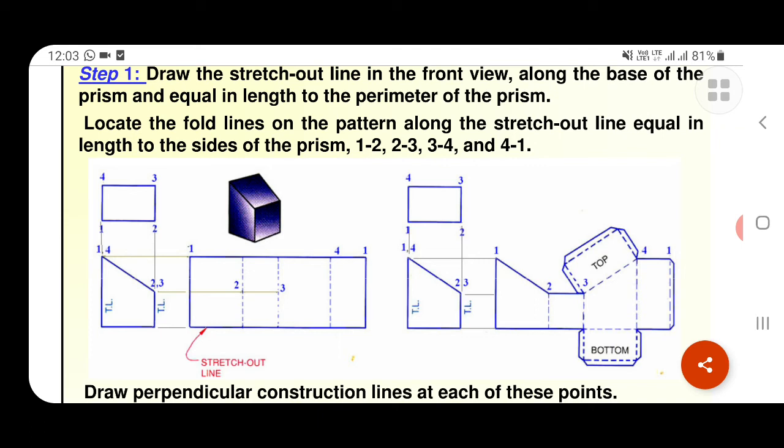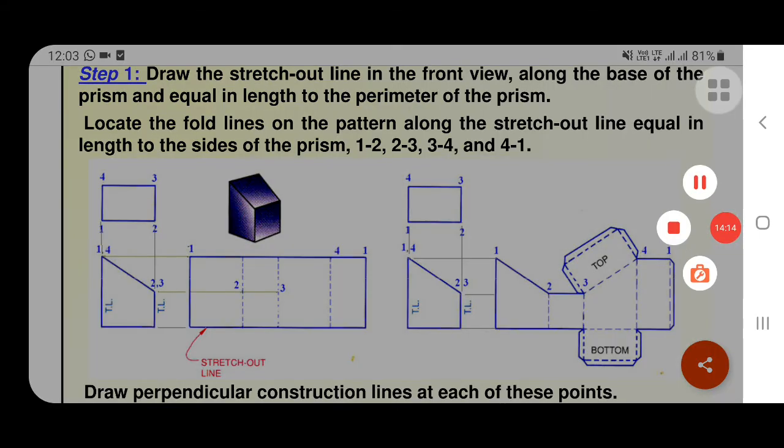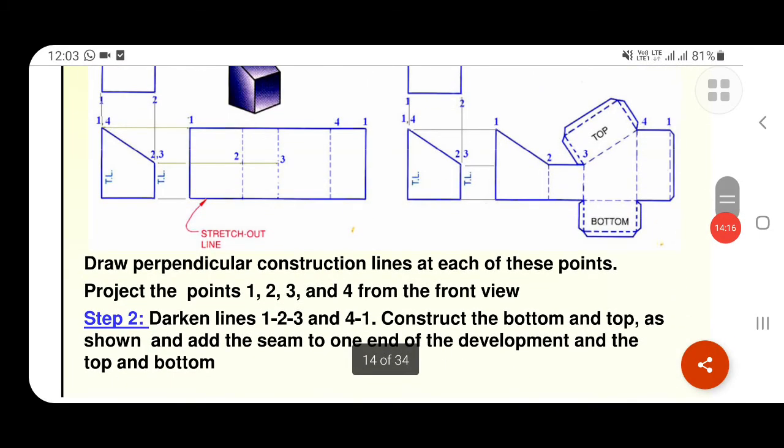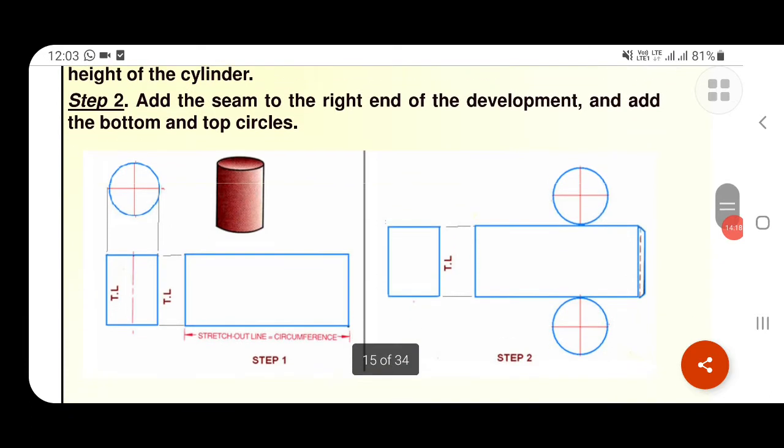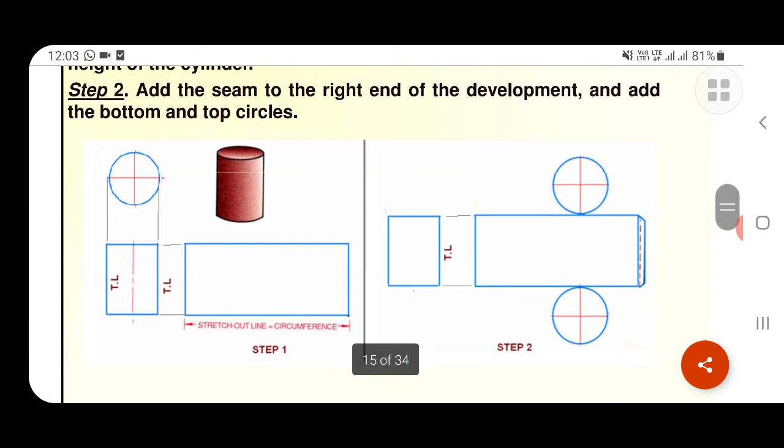And while cutting on the top side. Then next, development of cylinder.